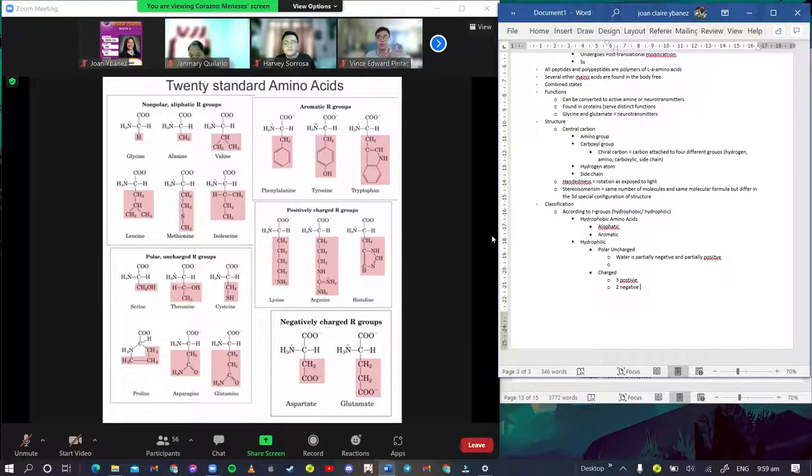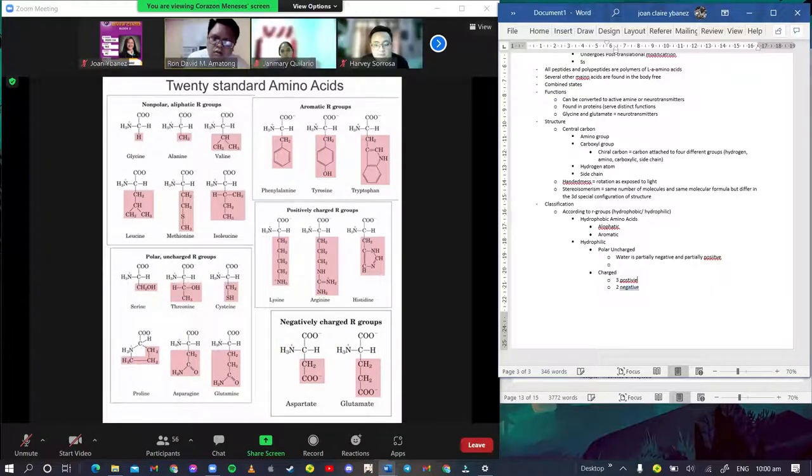So we have the aliphatic or the alkyl R group. Then you have the aromatic R group. So in the aromatic R group, phenylalanine and then tyrosine, then tryptophan, which of the 3 do you think has the possibility of being polar?